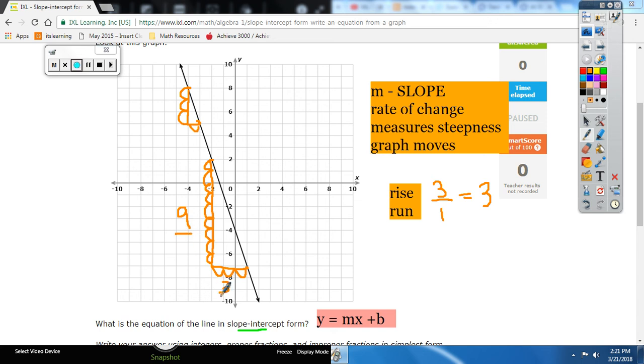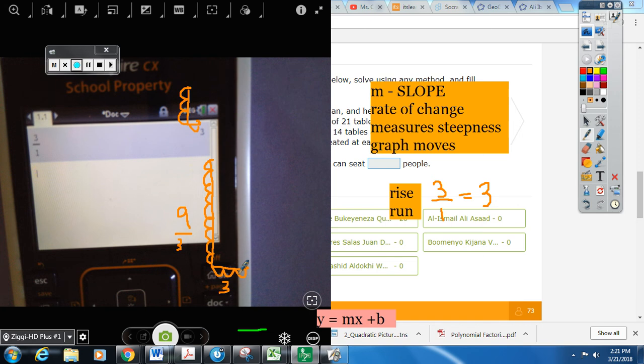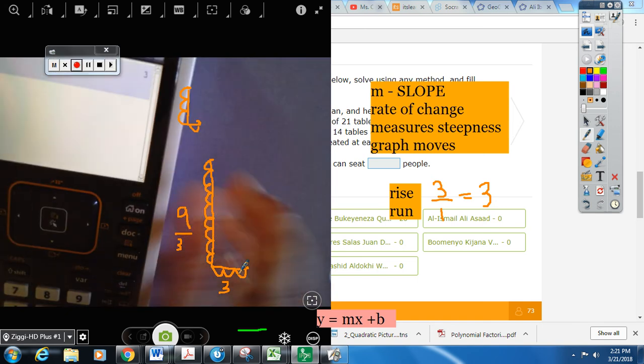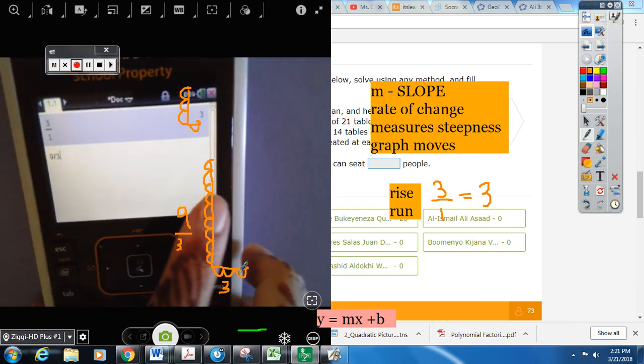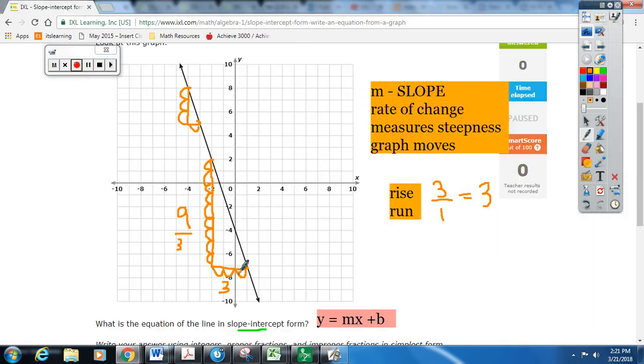So my answer is 9 over 3, because I'm counting rise over run. Let's put down the calculator, because I need to simplify on IXL. So 9 over 3. When I say over, I'm talking about divide. 9 divided by 3 is also 3. Same answer as I got before. That's my slope.